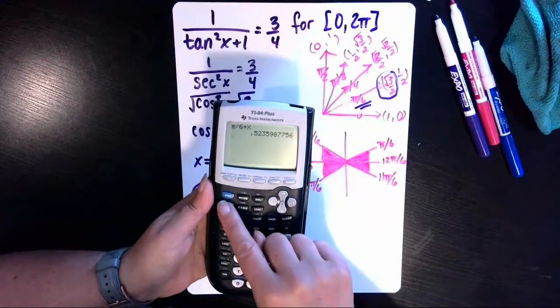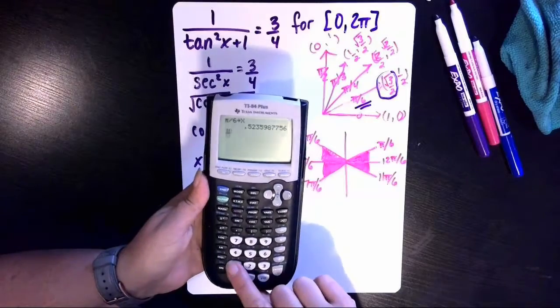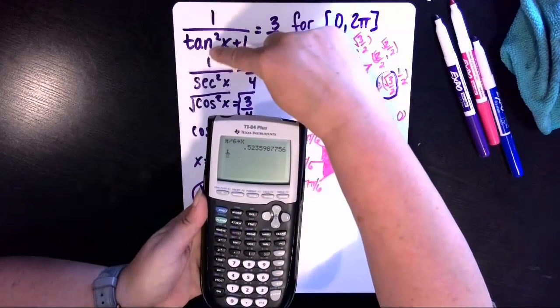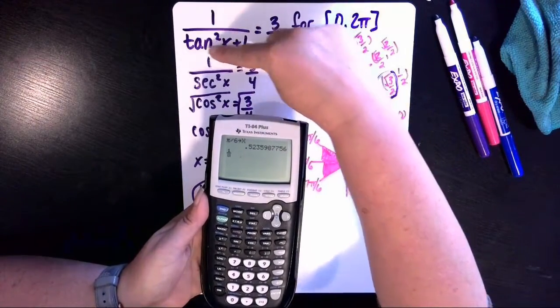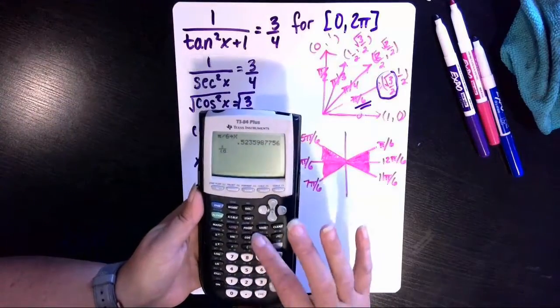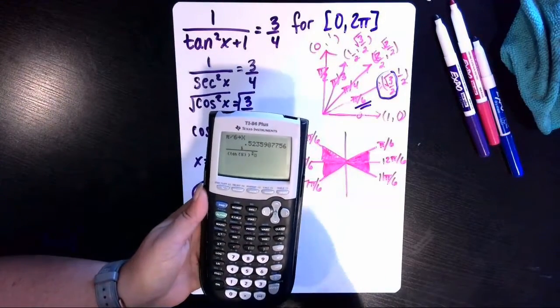So we're going to need a fraction. So alpha y equals number 1 gets the fraction template. 1 divided by, and then there's no notation on the graphing calculator for tangent squared x. So we have to remember that means to find the tangent of x and then square it. So we want the tangent of x, and then we square that quantity.